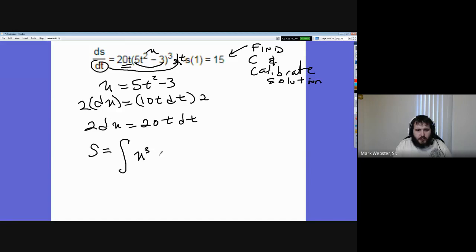This is really just u cubed du, and then this extra 2 goes out here. So let's do it now. u cubed gets integrated to u to the 4th over 4. That 2 and that 4 are going to cancel out. Let's take care of that.